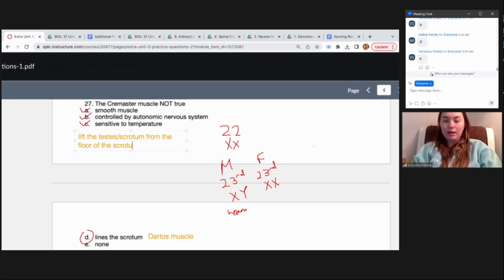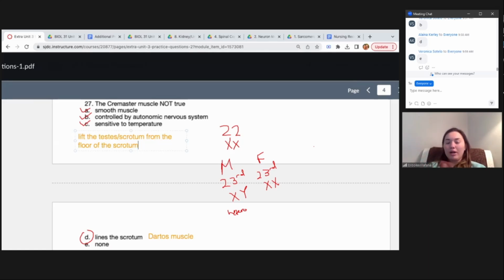The way that I think of this is, if you know what a puppet master is, a puppet master holds the puppet by the string. Does that make sense? You could think of the cremaster muscle holding the scrotum by a string and then pulling it up. Hopefully that helps you remember it. And then the dartos muscle, you could remember it as it lines the scrotum to maybe dart from side to side.